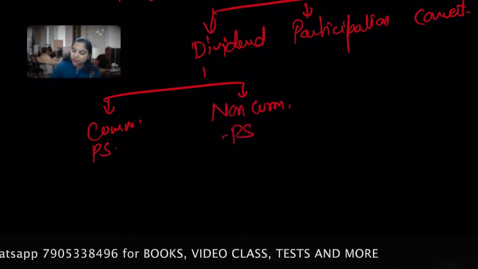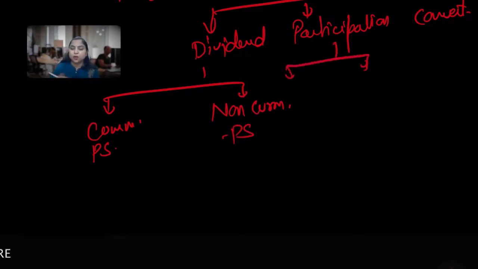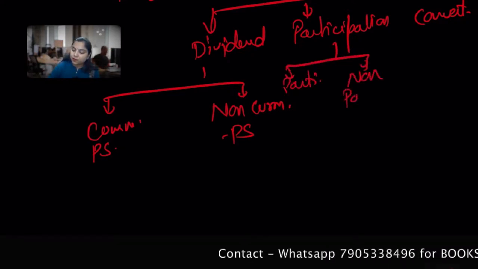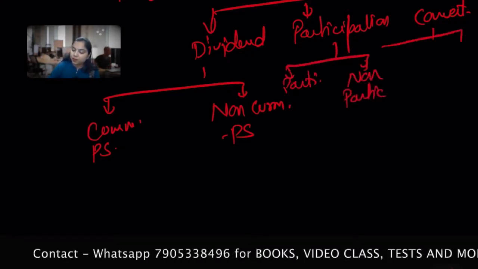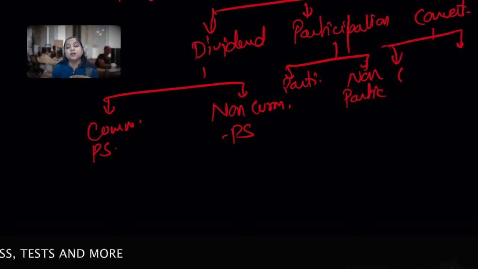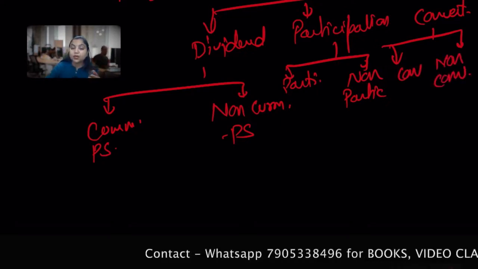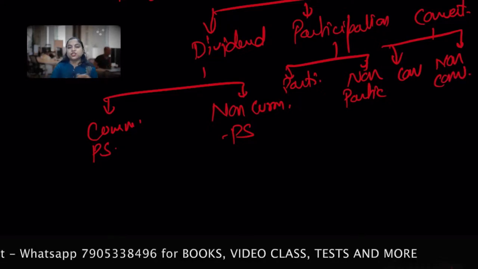I'm writing shortcuts. In the case of participation, it's participating and non-participating. In case of convertible, it's again convertible preference shares and non-convertible. So these are the kinds of preference share capital.